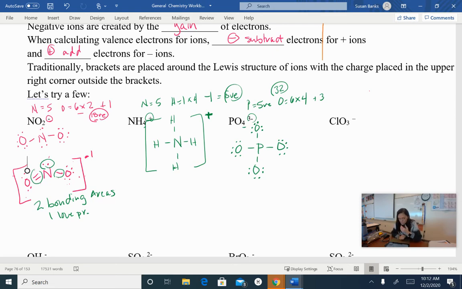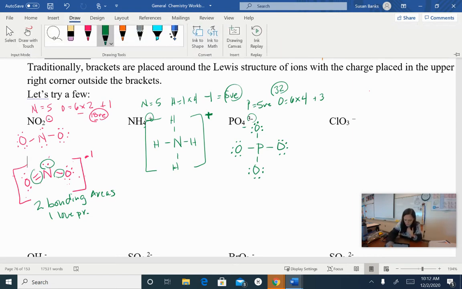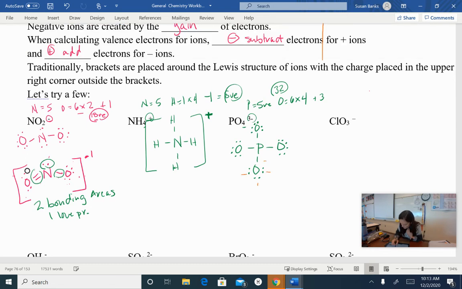Now let's see what we have done with our electrons. So if I count up my electrons, I've got 2, 4, 6, 8 electrons on each of those oxygens, right? They're all the same. Let's see, 4 times 8 is 32. So I have used up all 32 of my electrons. So that is indeed the structure. And we'll put the charge on the outside. Okay, so there's the phosphate ion.